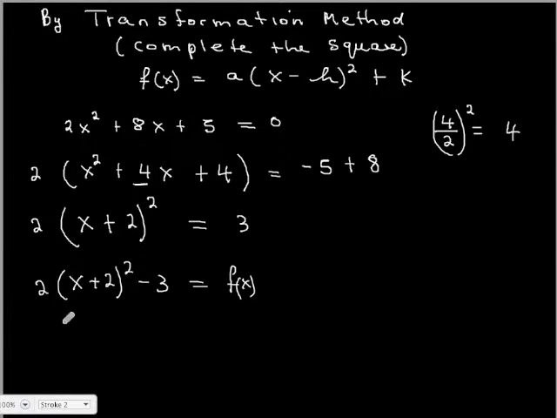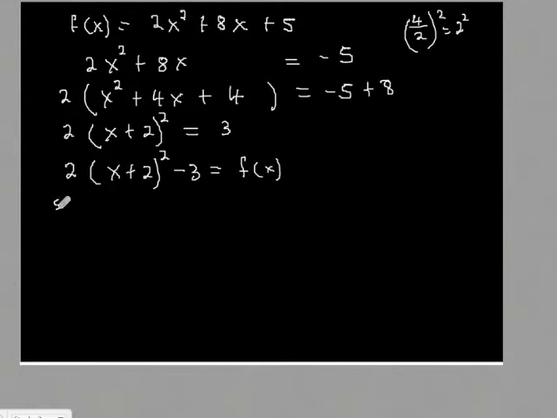And we can make a list of transformations. Here it is shifted left 2 units, shifted down 3 units.